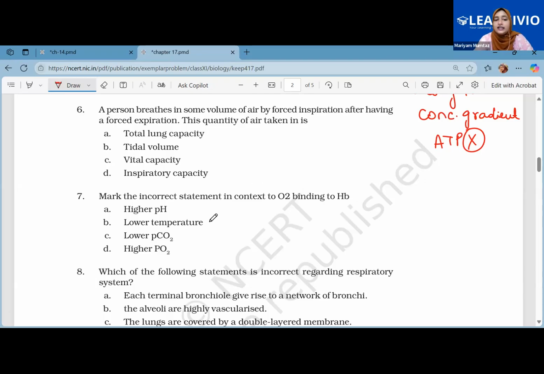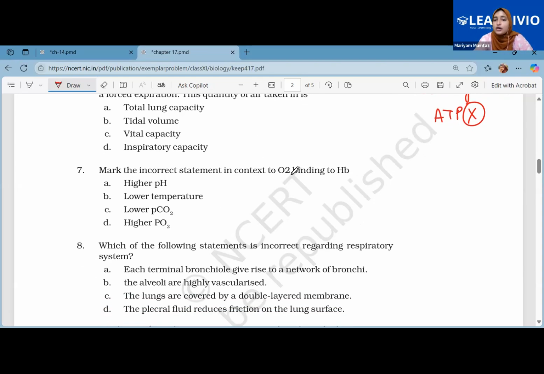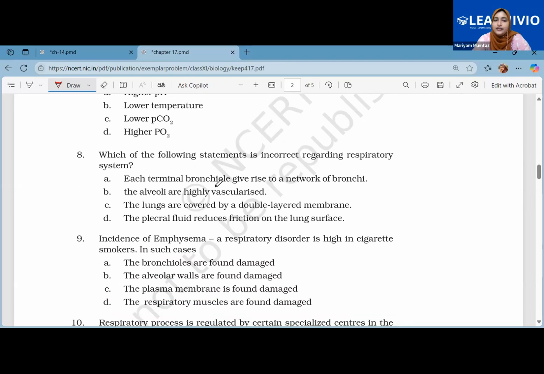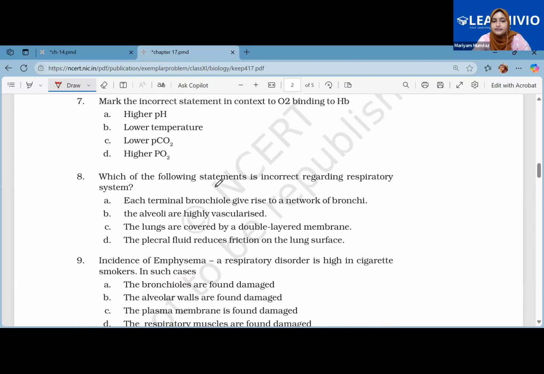Okay, mark the incorrect statement in context to oxygen binding to hemoglobin. Now this is good. Which of the following statements is incorrect regarding respiratory system? This is very nice, very easy.